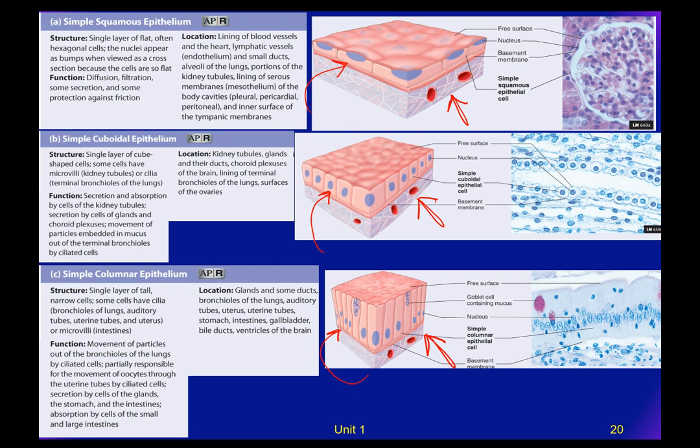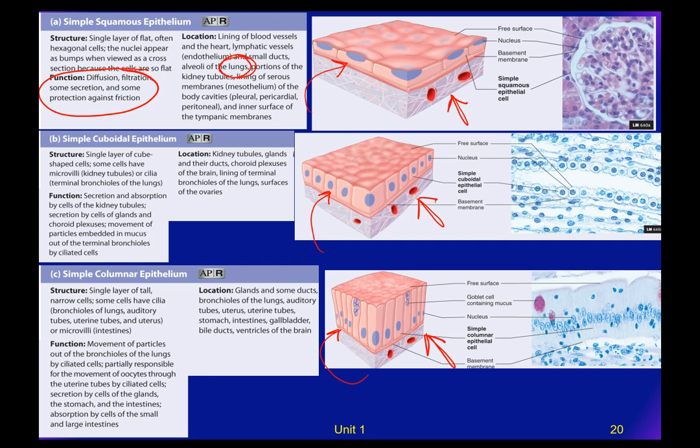Functionally, when we're talking about simple squamous, we're talking about diffusion, we're talking about filtration, some secretion, not much, some protection, not much. But again, if it were me and I were thinking about this common sense wise, I would think of simple squamous being in the lungs.